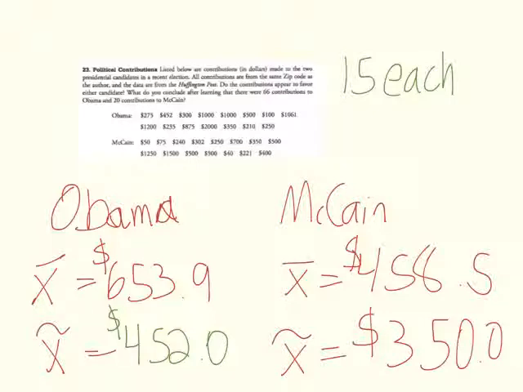When we take a look at the averages or the means for each one, Obama's is $653.90, and McCain's average is $458.50. And then we've got medians of $452 for Obama and $350 for McCain.